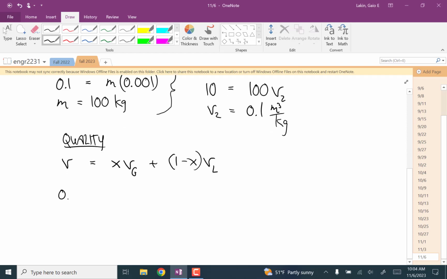And so we get that 0.1 is equal to X times, this is all stuff that's given now, 1.694 plus 1 minus X times the specific volume in the liquid form, which we're just using 0.001. And from this, you can get that the quality is equal to about 0.058.